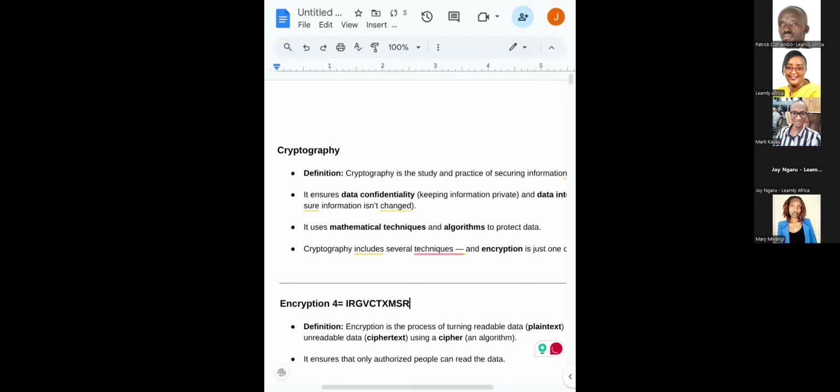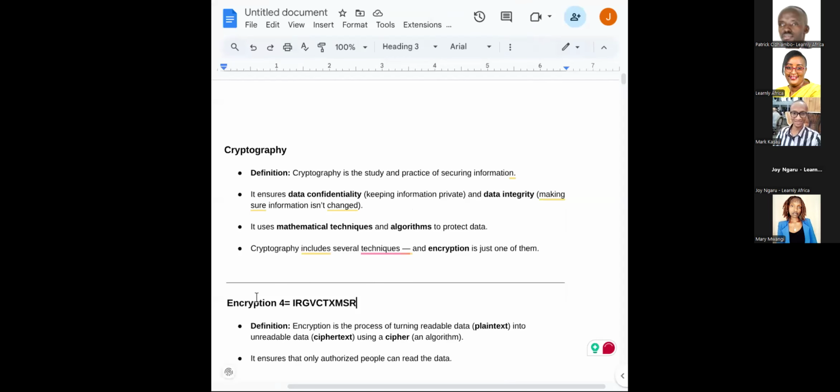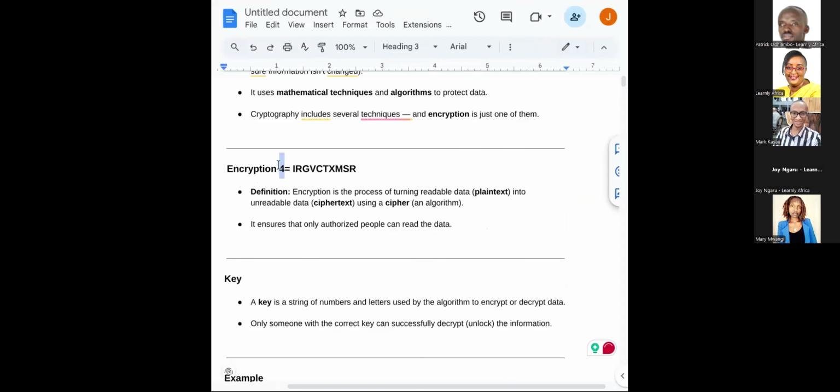So if I was using a key of 4, this type of encryption is called a Caesar cipher, and it says for every readable letter, for you to encrypt it, move ahead on the alphabet from A to Z, move ahead 4 letters, and on the fourth one, that will stand for your letter.